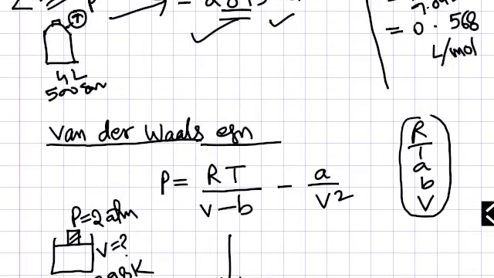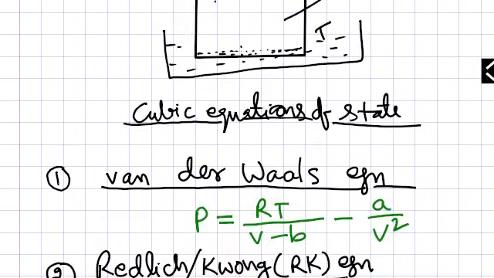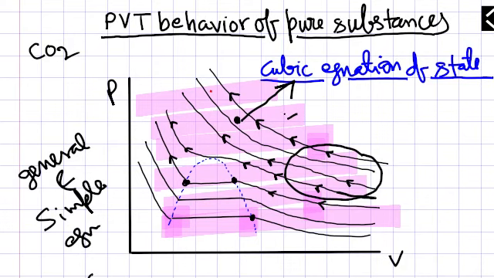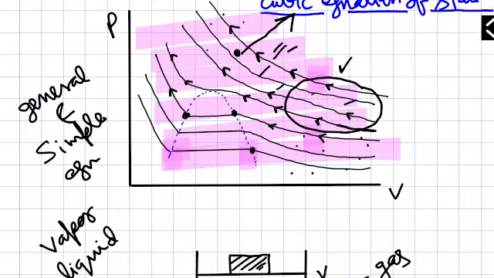And if your solution is coming like this, then you will be in this region, because here only gas exists. So that's why you are having only one.